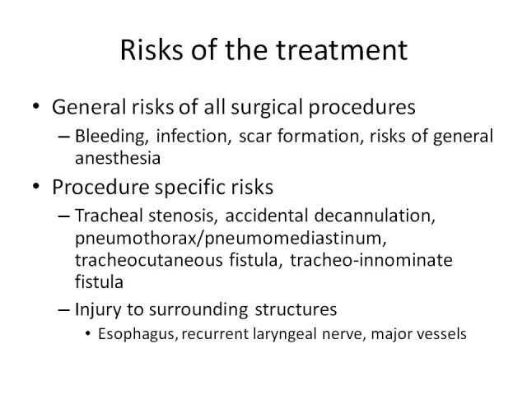Risks of a tracheostomy include, but are not limited to, general risks of all procedures such as bleeding, infection, scar formation, and the risks of general anesthesia such as stroke, paralysis, and death.